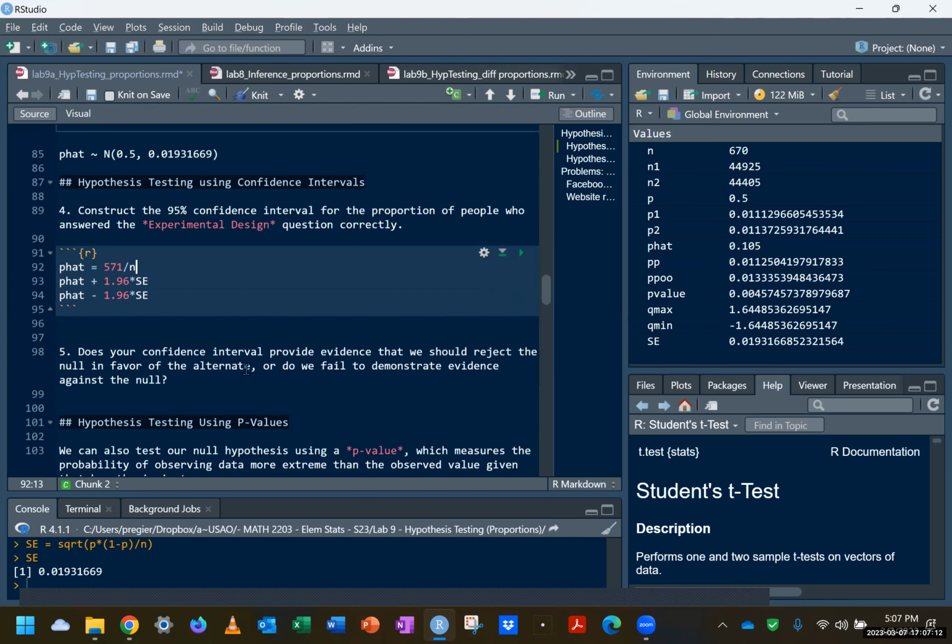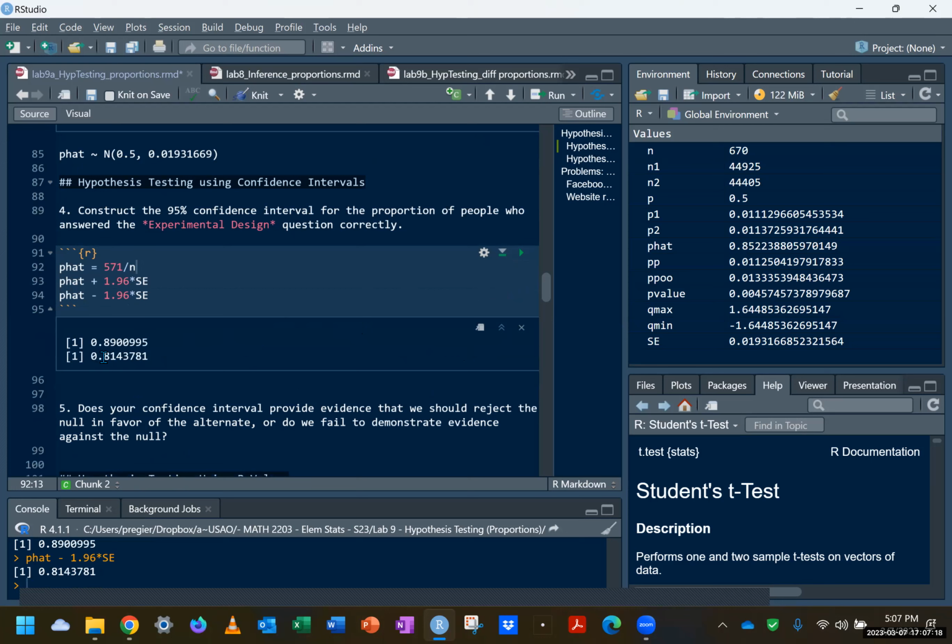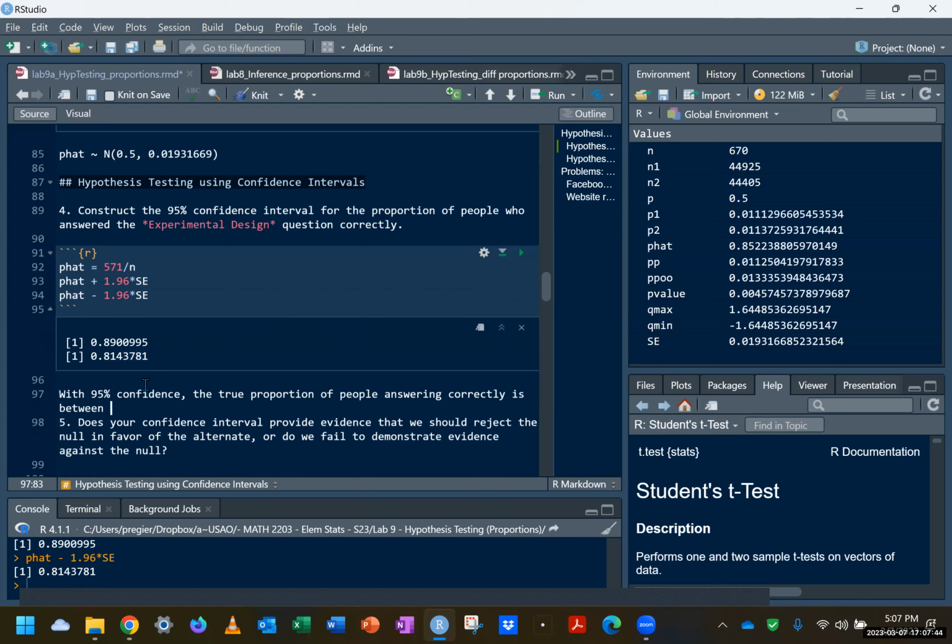And we can see, does this give evidence whether we should reject or favor an alternative? Well, let's see. This confidence interval says we can say with 95% confidence, the true proportion of people answering correctly is between, looks like, 81.4% and 89%.